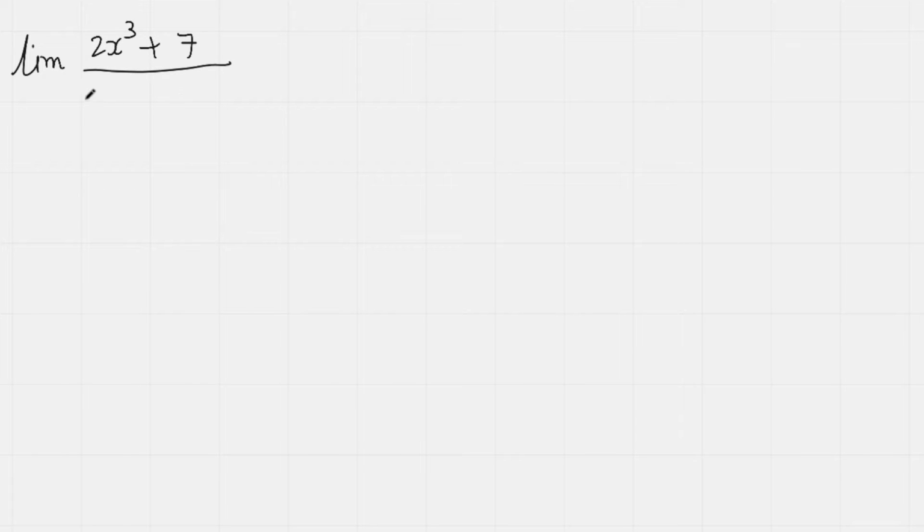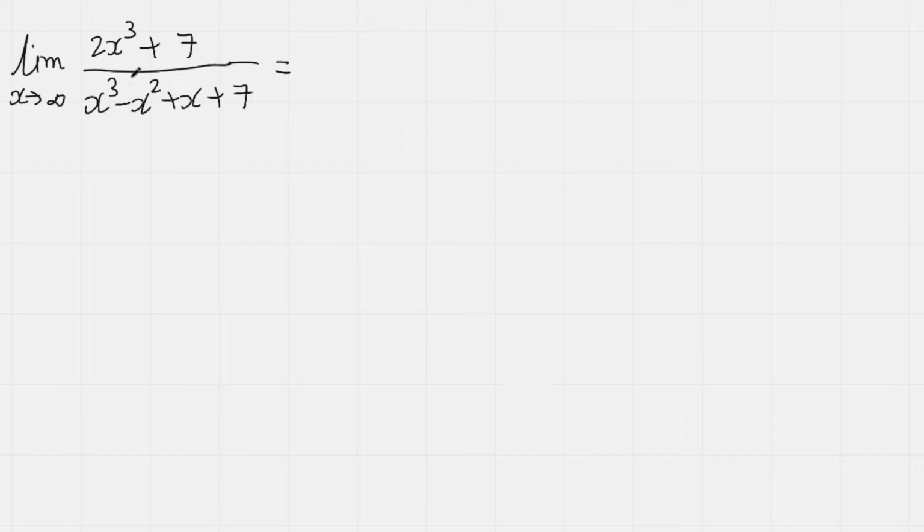Now let us see one more example in which the degrees of top and bottom are both equal. Let us evaluate the limit of (2x³ + 7) divided by (x³ − x² + x + 7) as x approaches infinity.